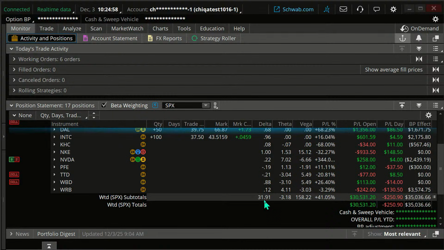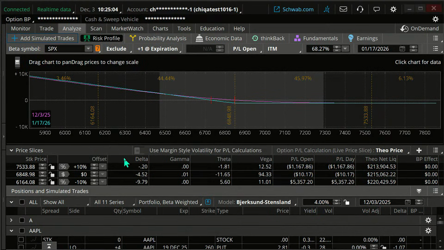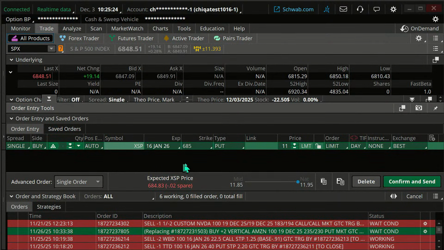Now, why am I not doing the SPX? Because if I did the SPX, what would my delta be? My delta would be 10 times that amount, because remember, the XSP is 1/10 the amount of the SPX. That put about negative 45. Well, look, negative 45 would massively affect this portfolio.